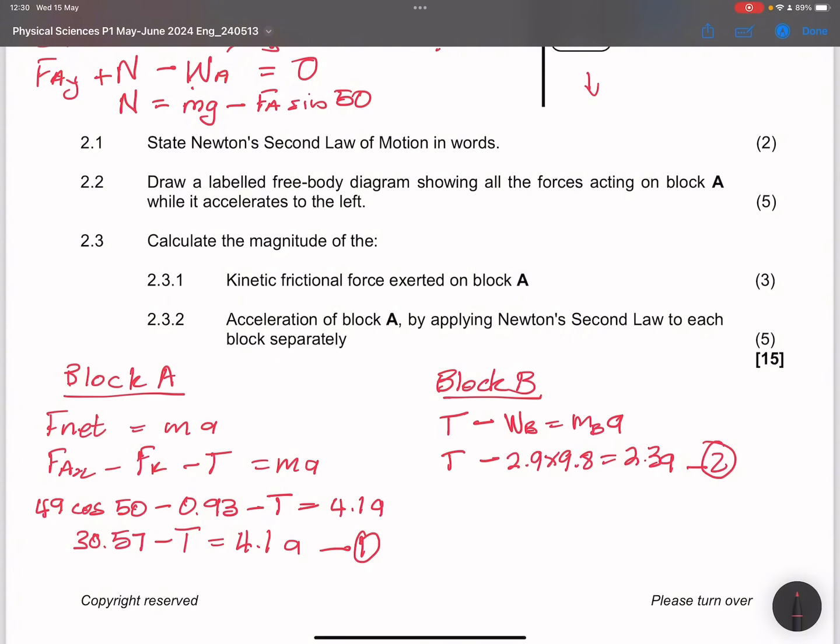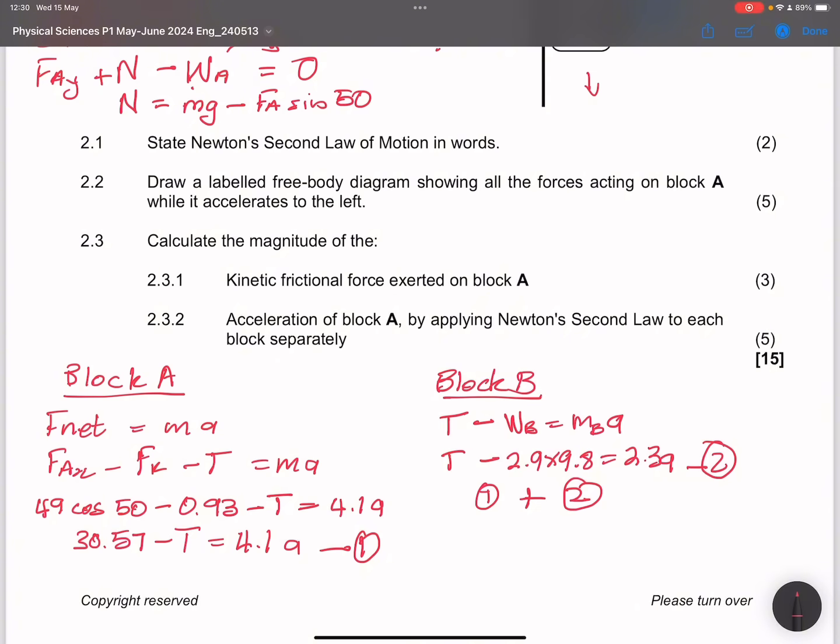Now nothing wrong, ladies and gents, you can make T the subject of the formula and substitute. But what I normally do is take equation 1 plus equation 2, so just add the two equations together.